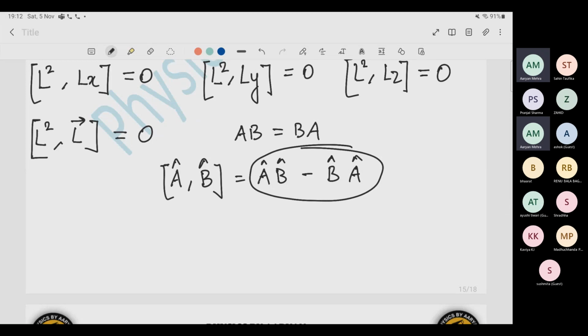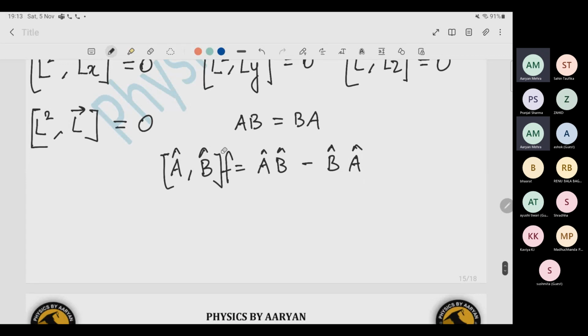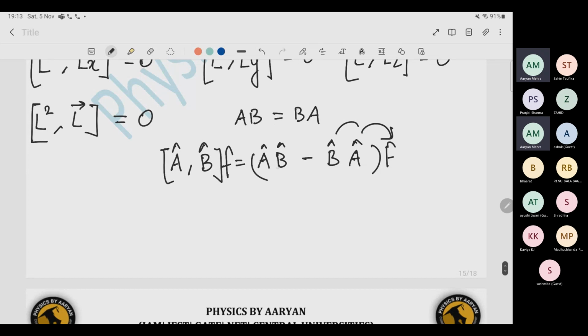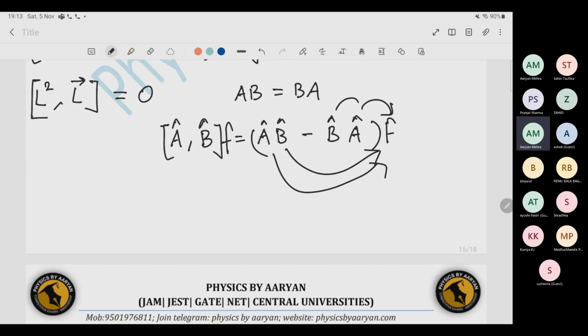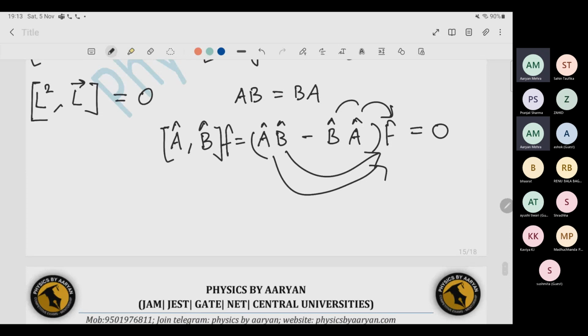So this operator acts on some state F, any state F. In one term, A will act on F first and then B will act. Similarly, in the other term, B will act first and then A will act. So if this comes out to be 0, what does it signify?